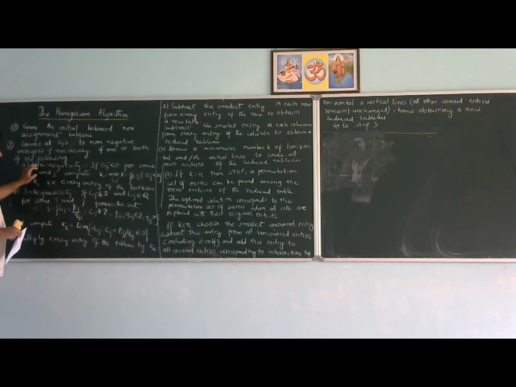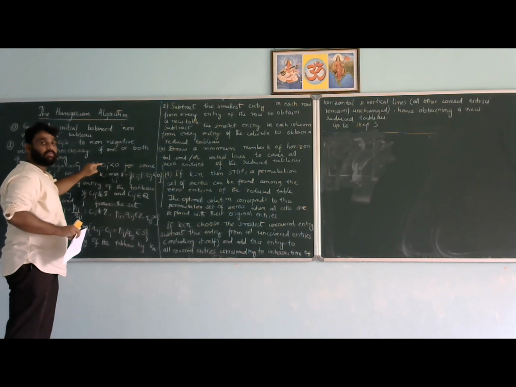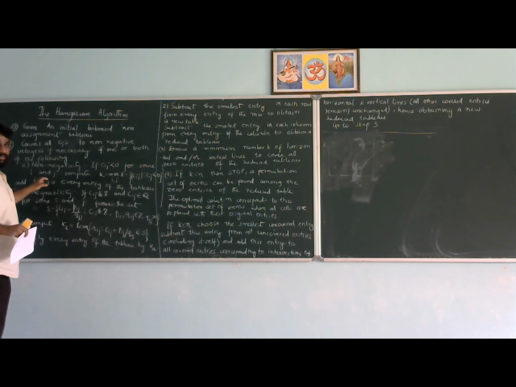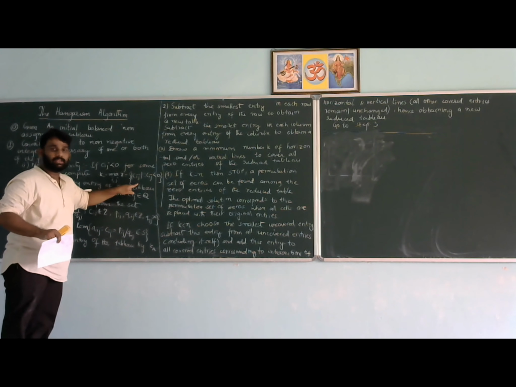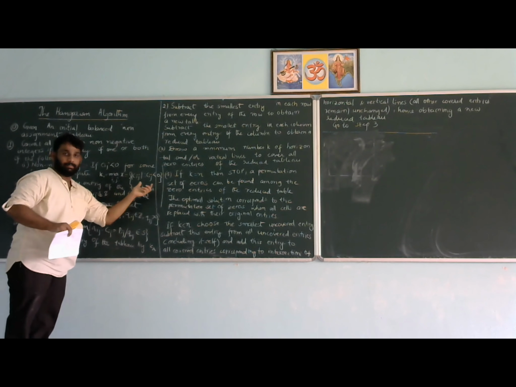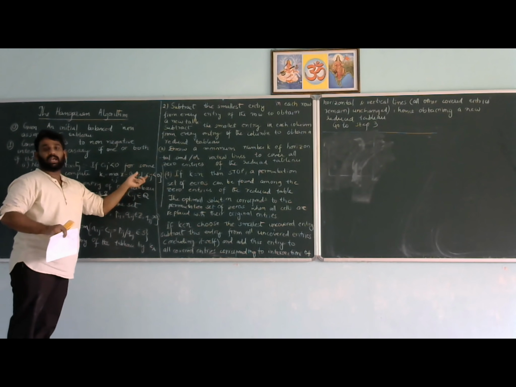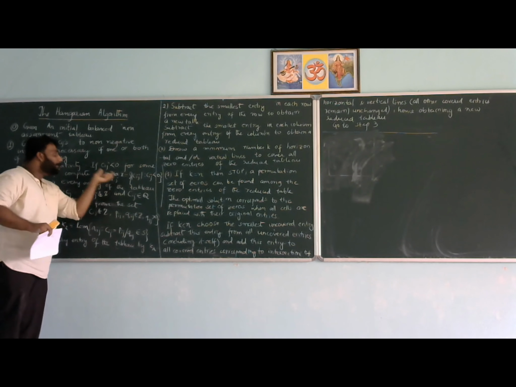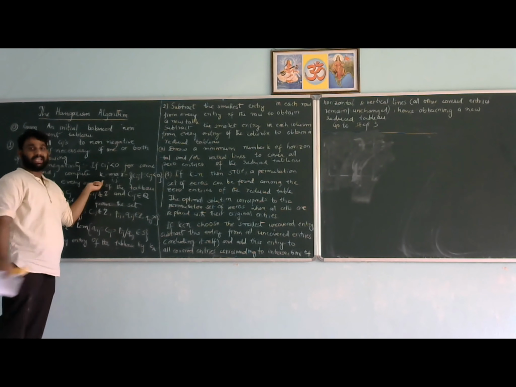Here are the steps. To convert the negative integers to non-negative, we can make use of the first step: if Cij in one of the cells, one of the entries, is negative for some i, j, then you have to take the modulus of the elements, convert all the negative integers into positive, and choose the maximum of that, and take it as k1.